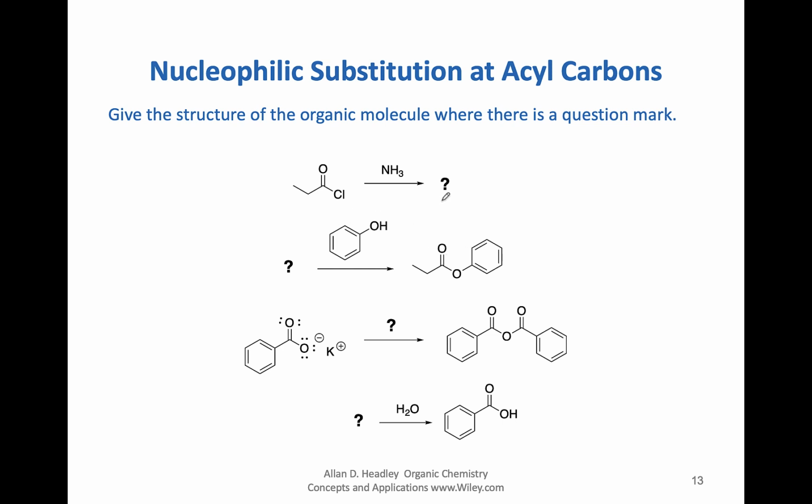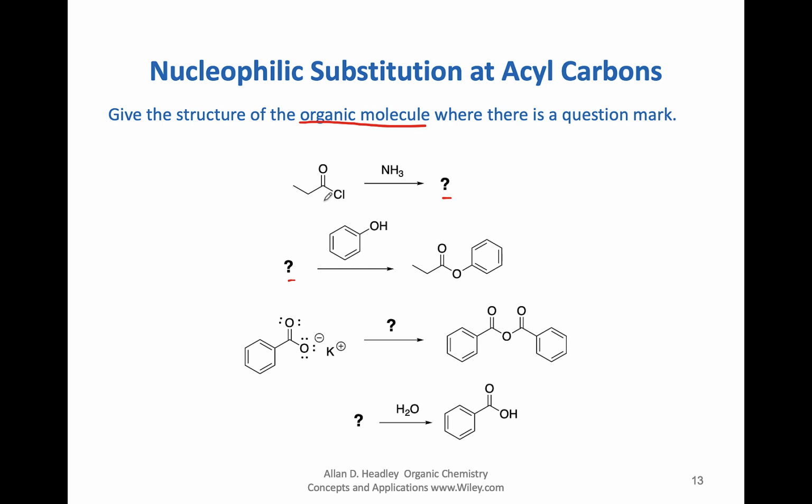So let us see if we can apply this chemistry here. The question is to provide organic molecules wherever there's a question mark. So we need to put a molecule here, but of course we have to carry out the observations and determine which is the nucleophile, which is the electrophile, which is the leaving group, before we can come up with the conclusion.